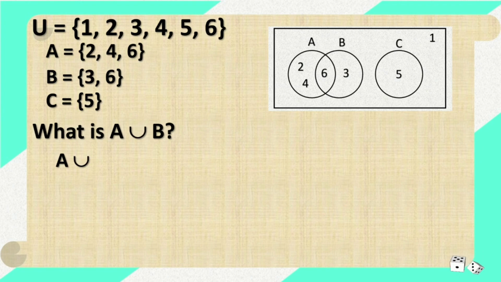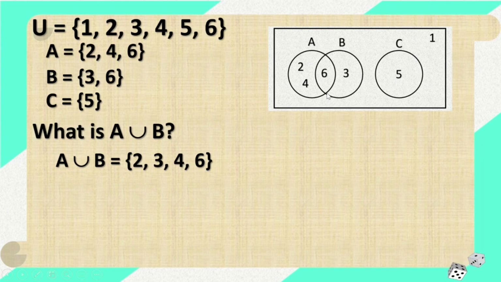Take note, kapag isusulat natin ang sagot, dapat ascending order at walang naulit na elements. Okay, so check natin. So, meron 2, 3, 4, and 6. Since dalawa ang 6, dahil yun ang common ng dalawang event, so isang beses lang po natin isusulat. Therefore, A union B, the elements are 2, 3, 4, and 6.